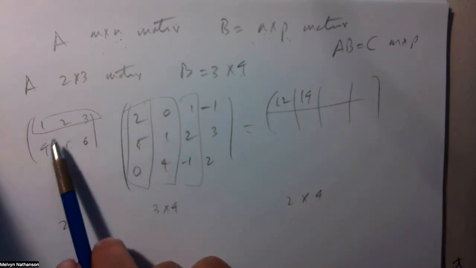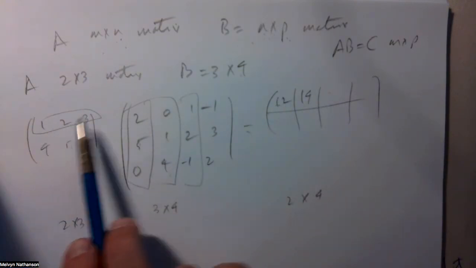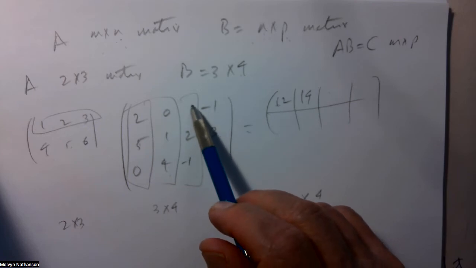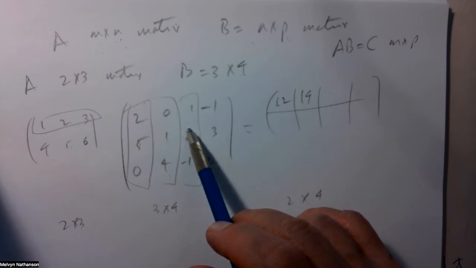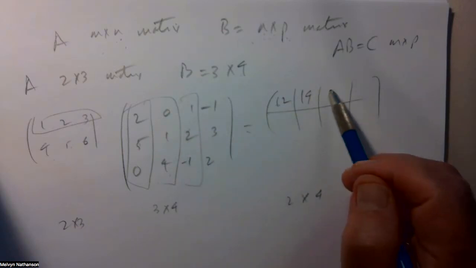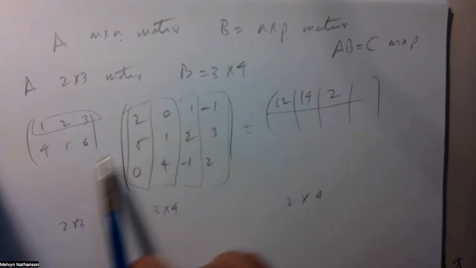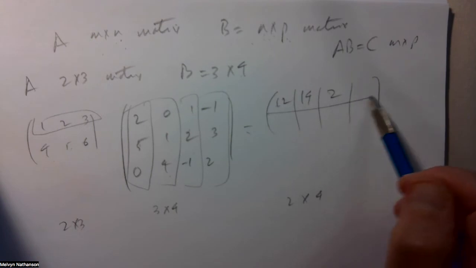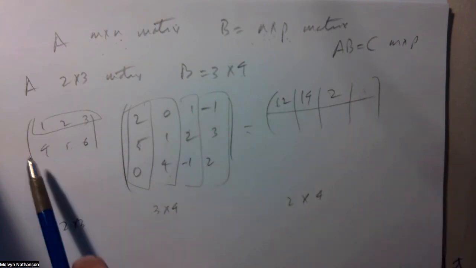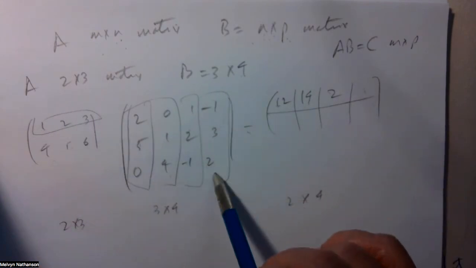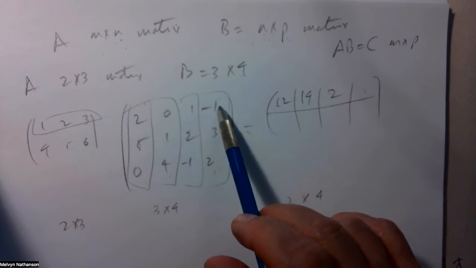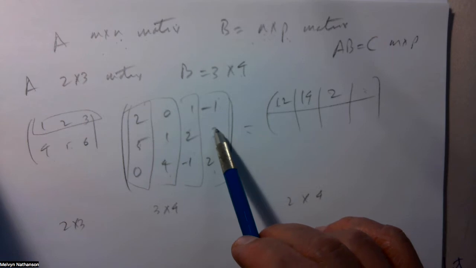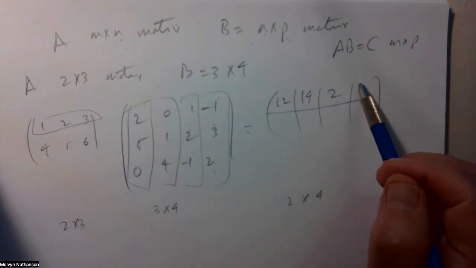For the first row, third column, this first row into the third column, you get 1 plus 4, that's 5, minus 3 is 2. And to get the first row, fourth column coordinate, first row into the fourth column, minus 1 plus 6 is 5, plus 6 is 11.